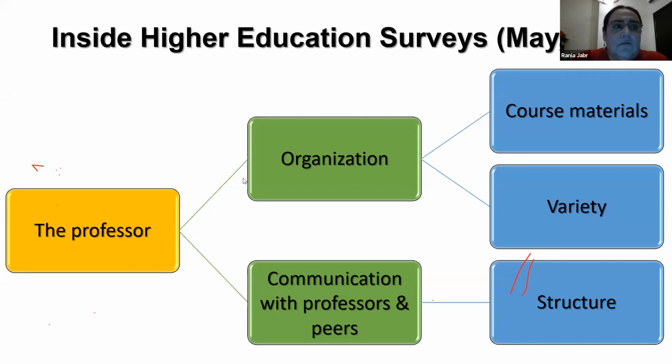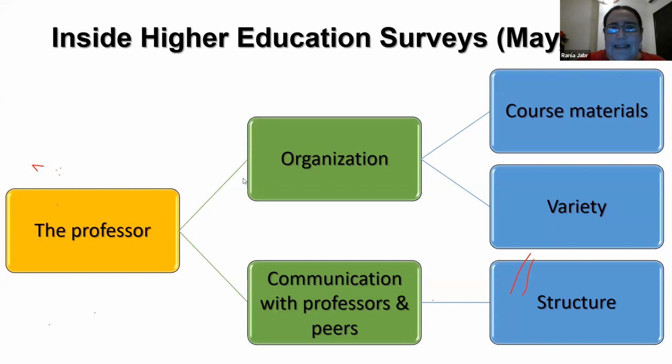Some people say that the materials should come later, and some people are not surprised that the professor should be number 1. I was surprised because I thought they would say content, what you're teaching, but they didn't. They said the professor, because the professor selects and chooses the content. Communication also, yes. A lot of people are saying communication.